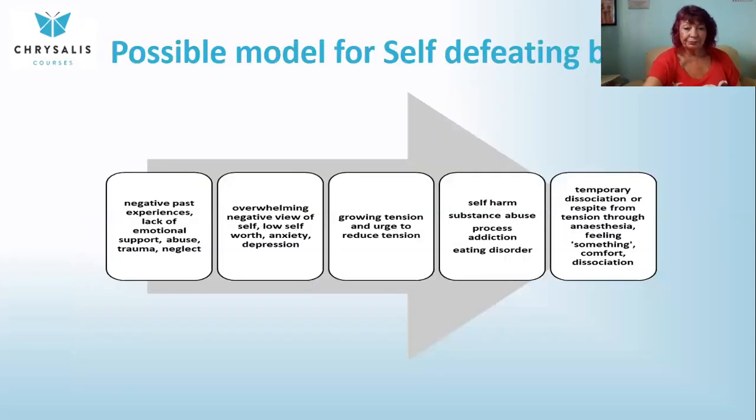So let's look at a possible model for how self-defeating behaviour develops. So there will have been negative past experiences, and that could be abuse, trauma, neglect, lack of emotional support, and that will have left the person with a negative view of their self, low self-worth, and possibly anxiety or depression.